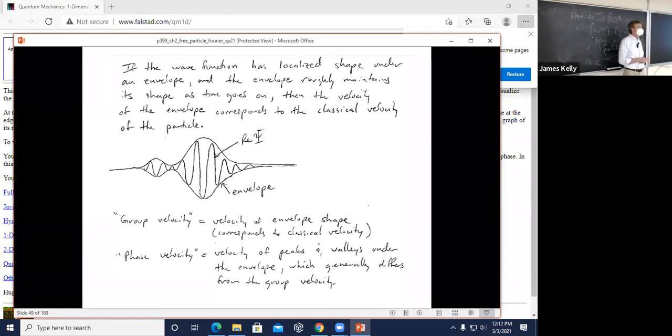So different wavelengths travel at different speeds. The bigger the difference in the wavelength, the bigger the difference in the speed. If you have a lot of different wavelengths, you're just going to see random motion all over the place. But if you have a narrow range of wavelengths, they'll all move at almost the same speed, except one will get slightly ahead as time goes on. That's going to cause the envelope to deform as time goes on.